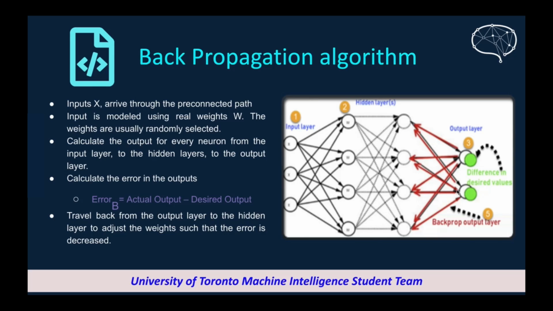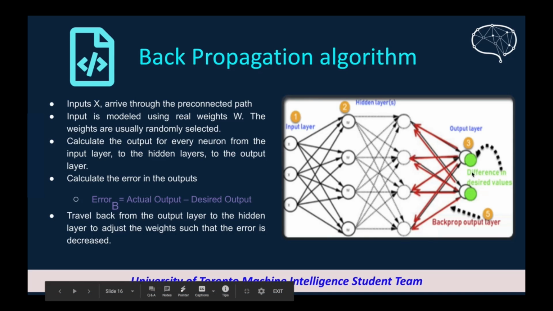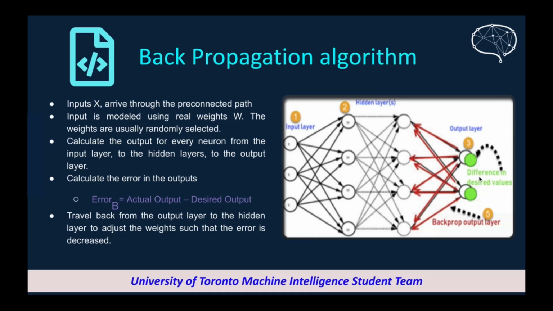And to calculate the error in the output, it's usually a basic subtraction. We calculate the actual output that was given to us by this network minus the desired output, the output that we actually wanted.